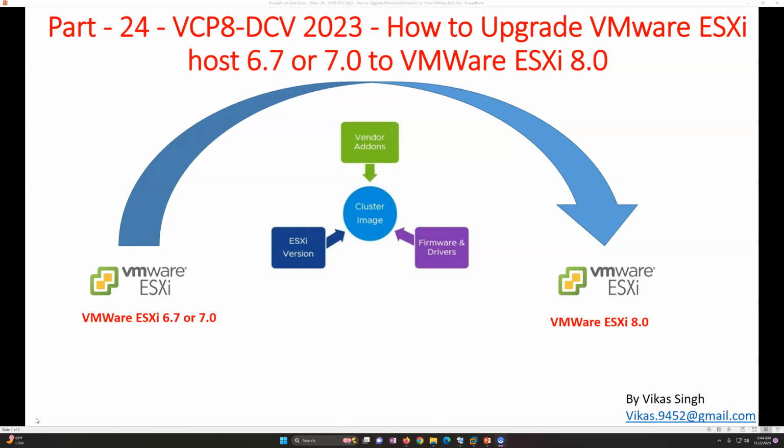So in addition, when you are trying to upgrade your ESXi host to the latest version, you need to make sure your ESXi host and physical host have compatibility with add-on drivers, firmwares, and if you have any vendor add-ons like any backup tool, any storage application or APIs, you need to make sure everything is compatible with the latest ESXi 8.0, then only upgrade.